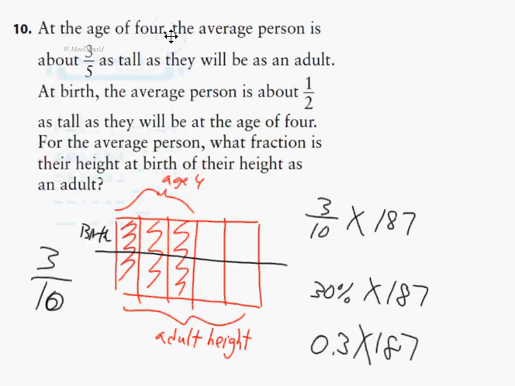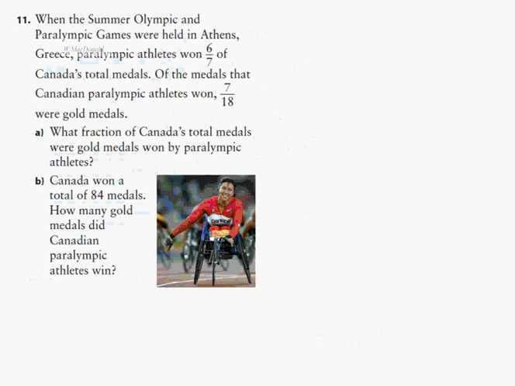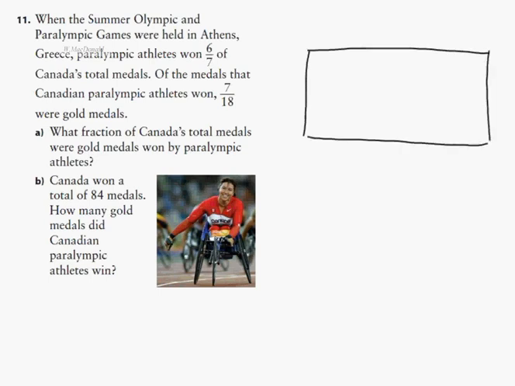All right, question 11. Now, when we draw question 11, we're going to find that it's hard to draw it. So this rectangle is going to represent all of the medals Canada won.